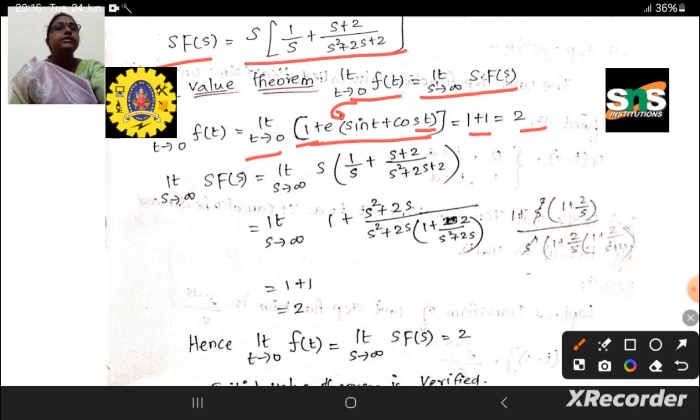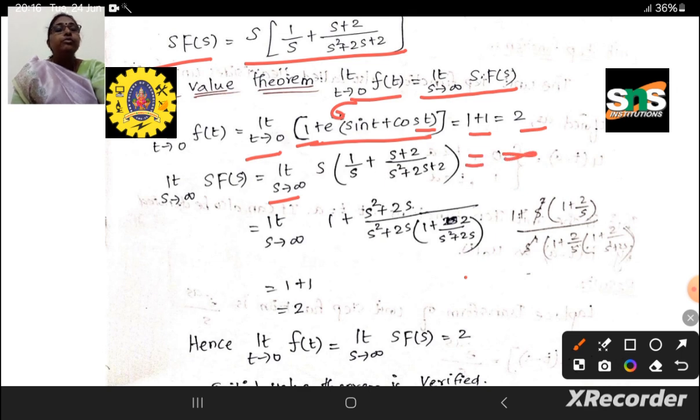So in s into F of s, instead of s we need to apply infinity. Whenever you are applying infinity, take the common term. If it is in the denominator, applying the limit infinity means 1 by infinity, which is equal to 0. Otherwise the total term is equal to infinity, that is an indeterminate form.